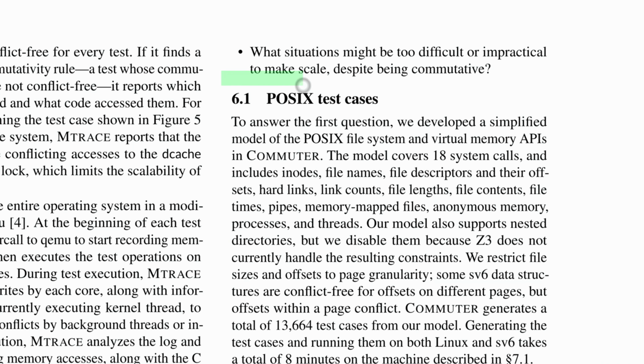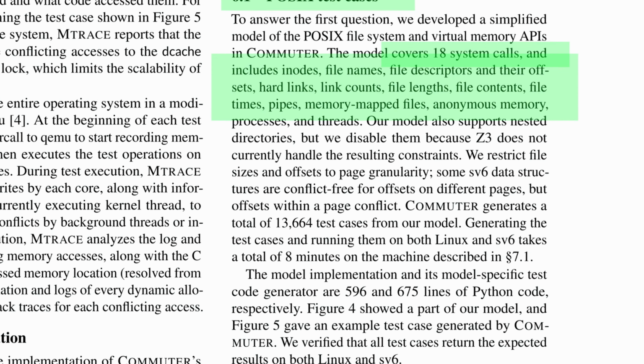To show the usefulness of Commuter, the authors took 18 file and process based system calls from Linux and built a Commuter model for those. Based on those models, Commuter generated about 13,500 test cases.